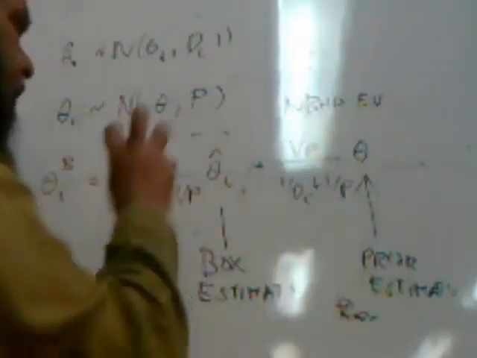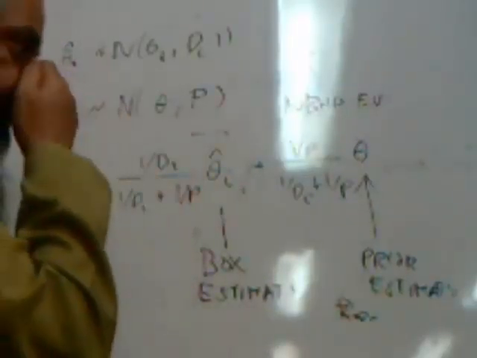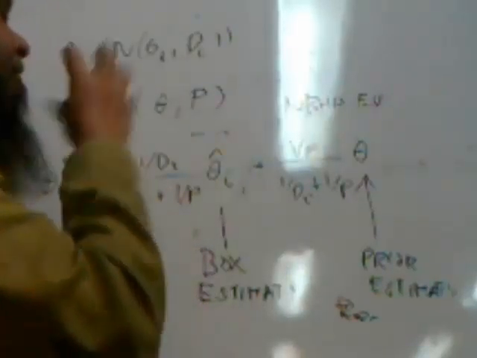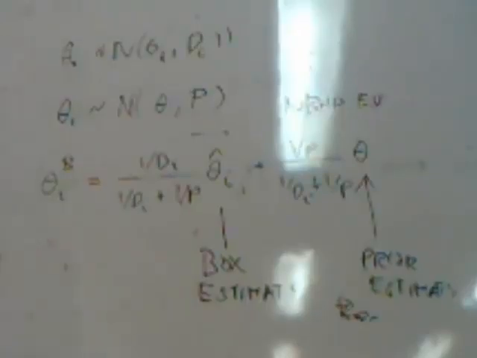The crucial thing that the Bayesian estimation does is to estimate this P, which is the prior variance. What is the P telling you? It tells you how much fluctuation there is in the boxes. If in the neighborhood all of the boxes are very similar, then you can confidently use the neighborhood average.